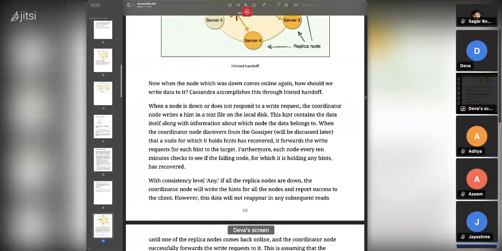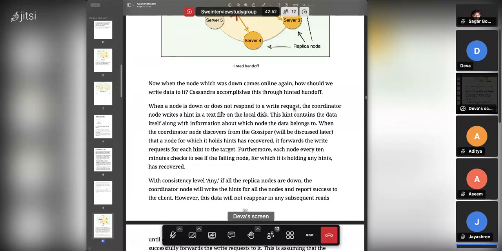Instead, since it has that same information, it will write directly into the recovered node. My understanding is also that every 10 minutes the coordinator checks, because it has a hint of which node went down. So every 10 minutes it's checking whether that node is up or not.